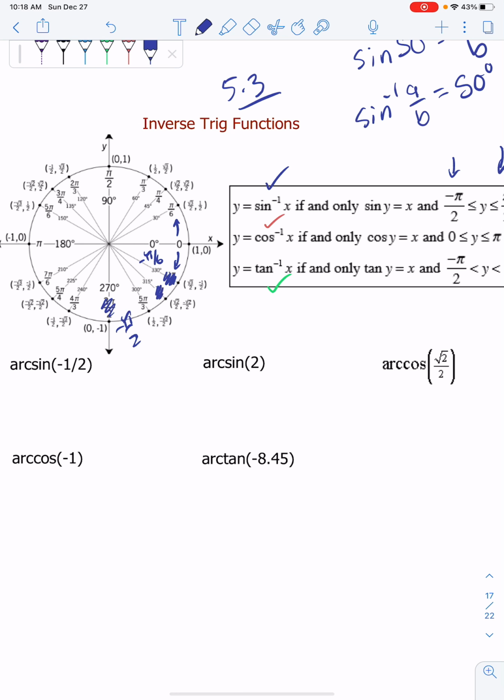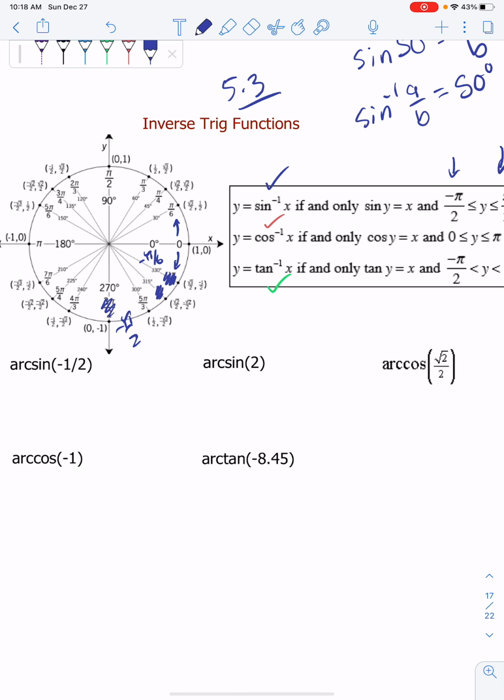So my answer would be negative pi over 6, because that is the value that gives me negative 1/2 as an answer. We could also say negative 30 degrees depending on how we're working with this. If we're using this in calculus or something else, at some point you might want to actually use the degree form.